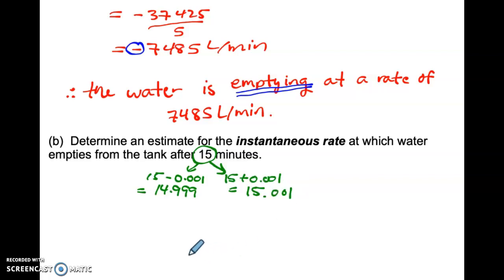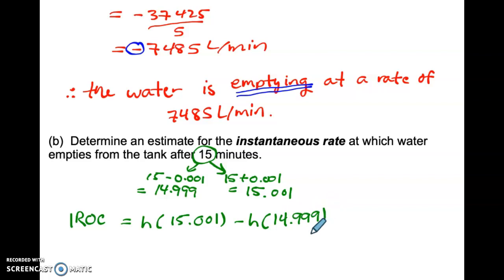15.001. Okay, so for IROC, what we're really going to do is H at 15.001 minus H at 14.999, and then that's going to be all over 15.001 minus 14.999.